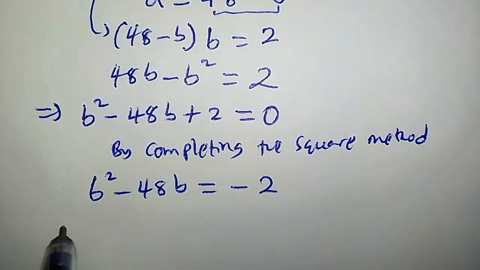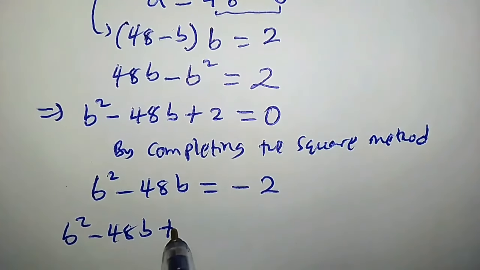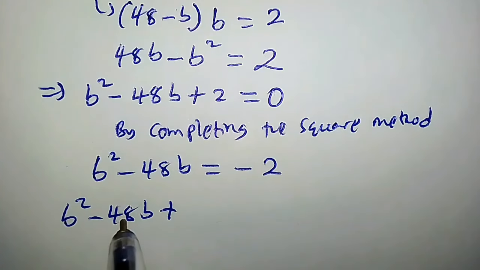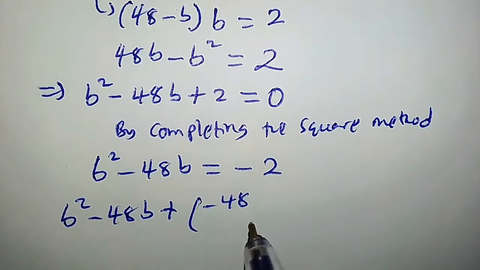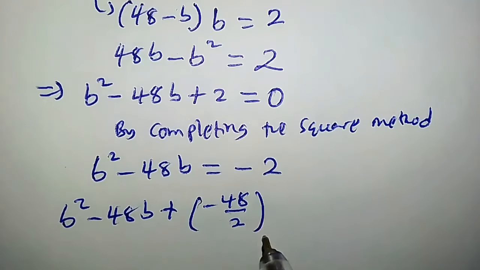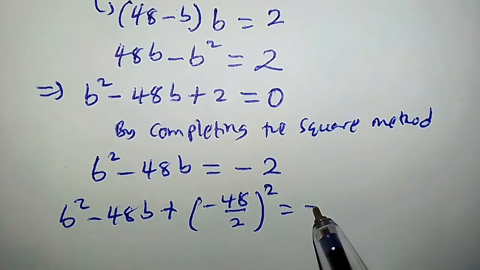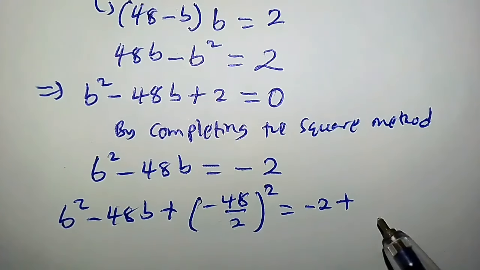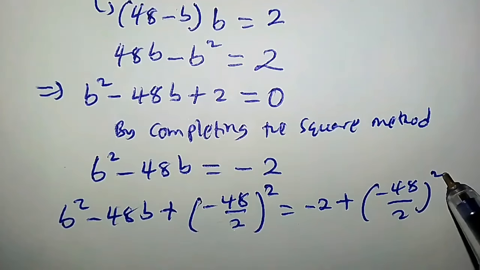So that will be b squared minus 48b plus the coefficient of b is minus 48. So the half of it will be minus 48 divided by 2. And at the same time square it, equal to minus 2 plus this guy again, minus 48 divided by 2 all squared.